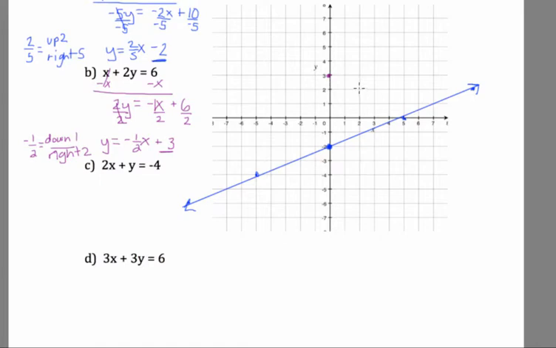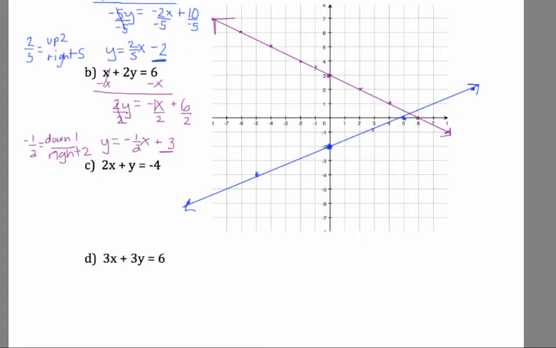So down 1, right 2. Continue your same pattern backwards. And draw your line. Notice I have a negative slope. I'm going downhill from left to right.